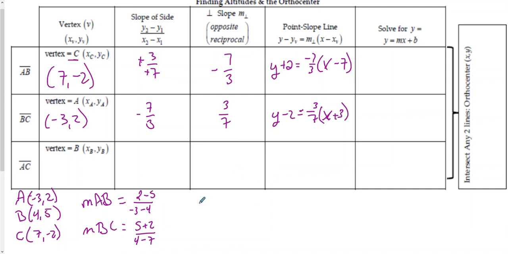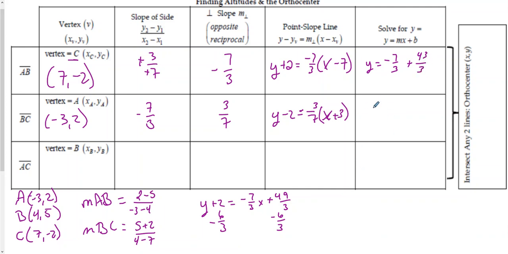So now we can simplify. I'm going to rewrite the first one: y plus 2 equals negative 7 over 3 x plus 49 over 3. So I'm going to subtract 6/3 from both sides, and that's going to get me to y equals negative 7 over 3 x plus 43 over 3.